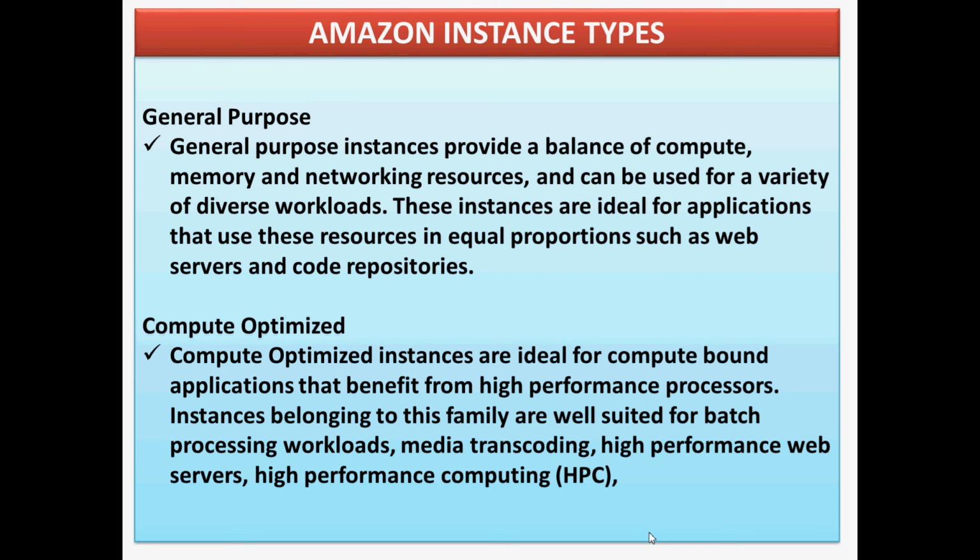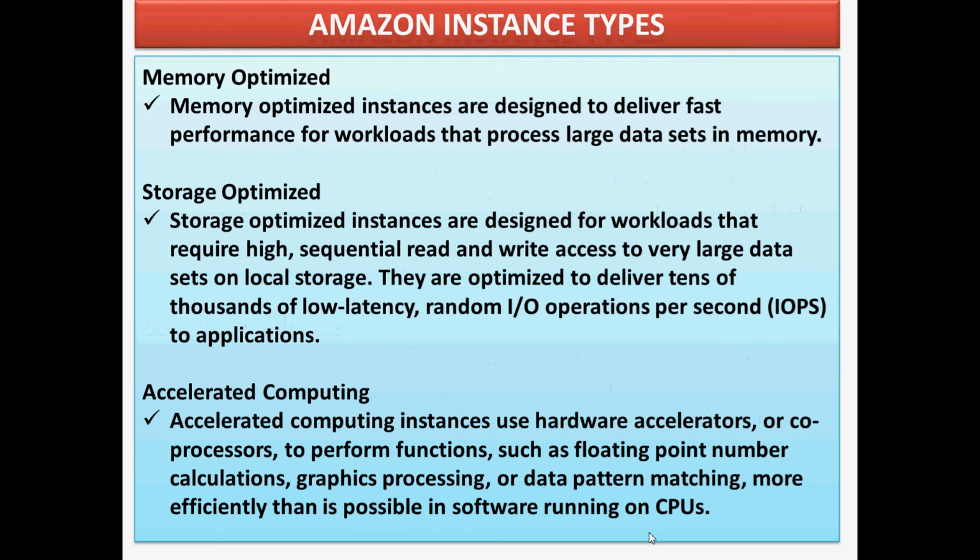So we have a family of compute optimized, which is CPU intensive, with lots of performance and high performance processors. So we have batch processing, media transcoding, and high performance web servers in which lots of computing is required. Those things we can do in compute optimized.